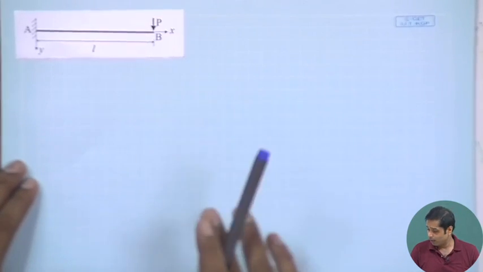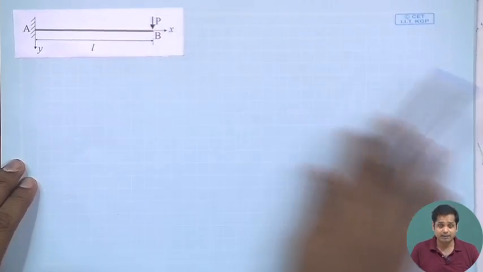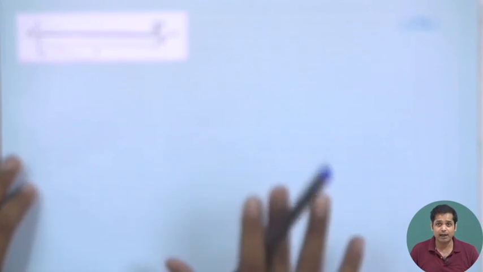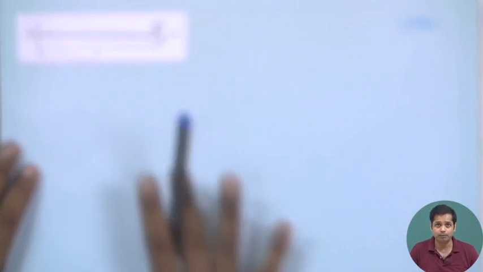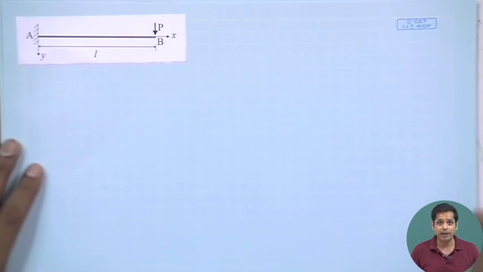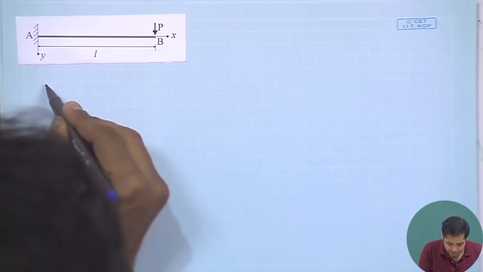Okay. Now, let us see this example once again, applying both the loading and support of the conjugate beam. First, draw the bending moment diagram of the beam. The bending moment diagram becomes like this.